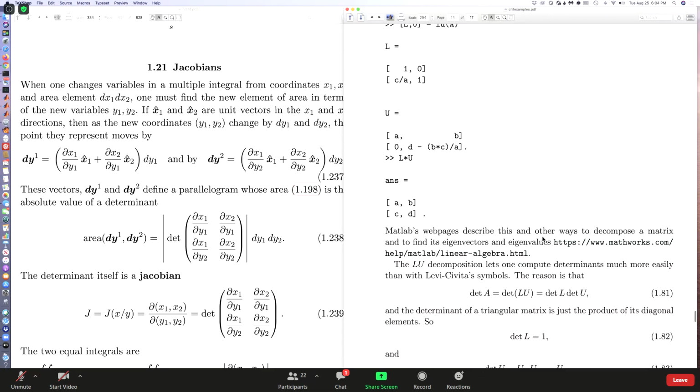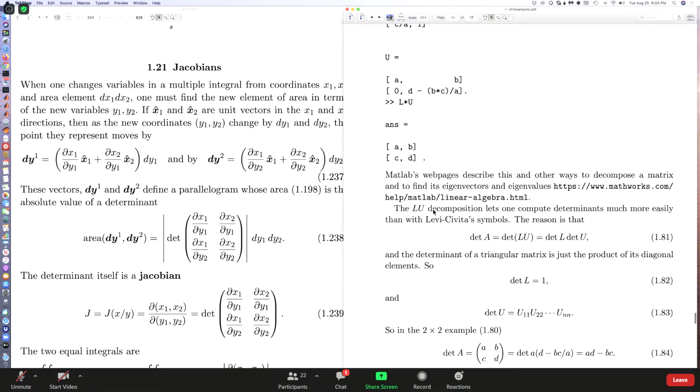Yeah, so the point is that one of the many advantages of the LU decomposition, which is famous and basic and used all over numerical linear algebra, is the determinant of a matrix.